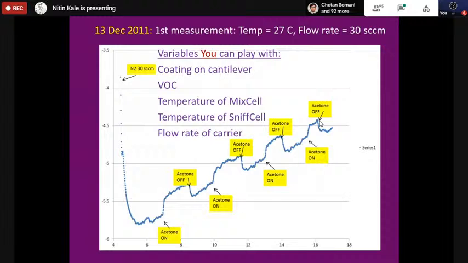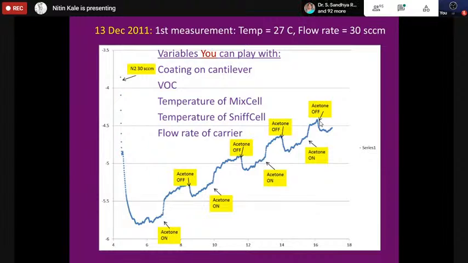You can change the temperature of the heater which you are using to create vapors in the headspace. You can change the temperature of the reaction chamber. Reaction chamber is called a sniff cell. You can change the temperature there, so you can see how the reactions happen at higher temperatures. You can also change the flow rate of the carrier gas.